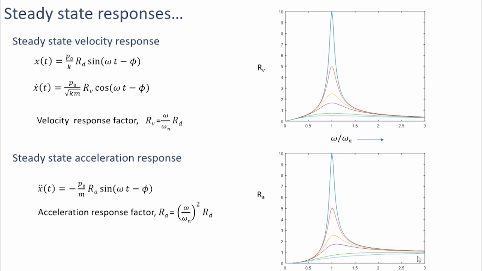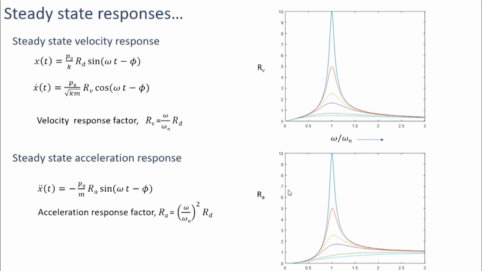So the behavior of Ra and Rv away from 1 is different from Rd. In the case of Rd, when the frequency ratio was close to 0, Rd was equal to 1.